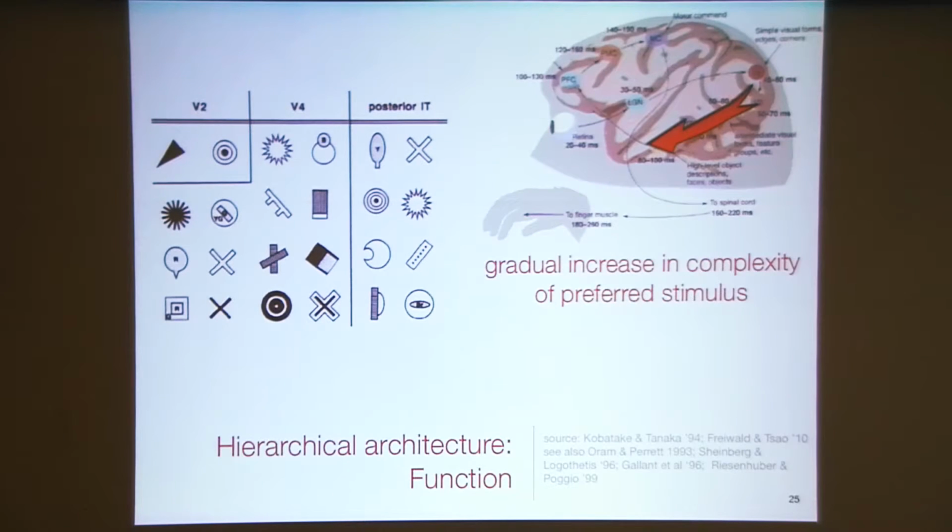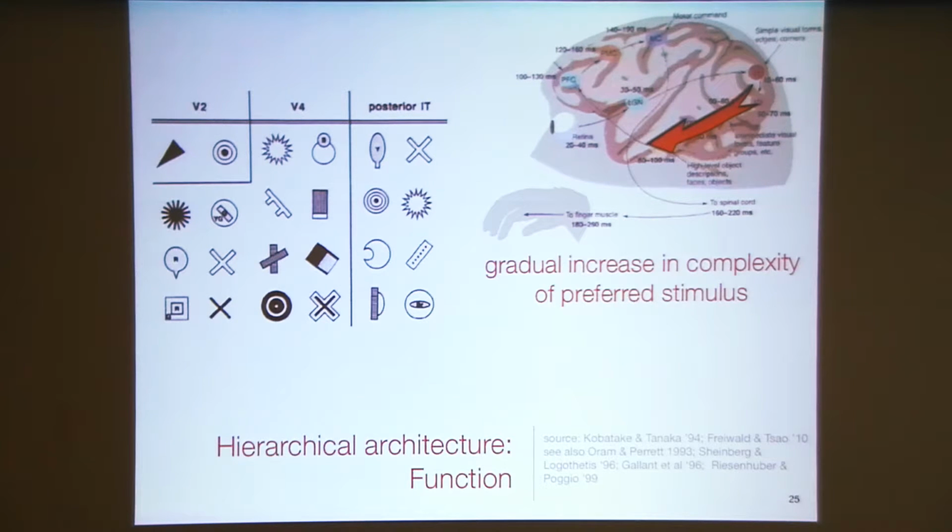And then most importantly, beyond this anatomical hierarchy and this hierarchy based on latencies, there's a clear functional hierarchy in the primate visual system. Okay? So I showed you that the primary visual cortex is selective for simple stimuli, perhaps the simplest kinds of stimuli, bars and edges at various orientations.